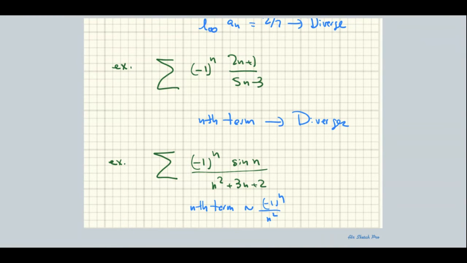Anytime the nth term goes to 0 and it's alternating, I can work with this. Similarly, I could have done this the same way with n minus 5, because then it would look like, and this, again, would be something I can see is going to converge, even though it would not absolutely converge.